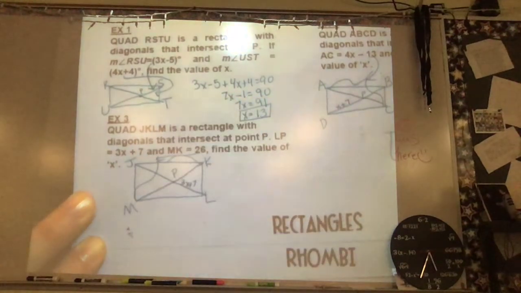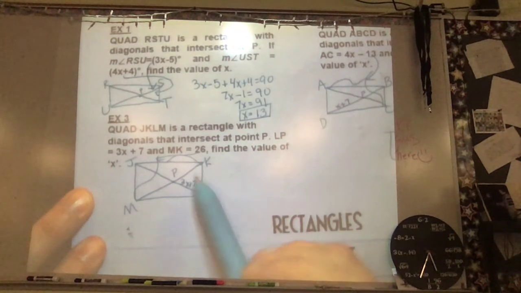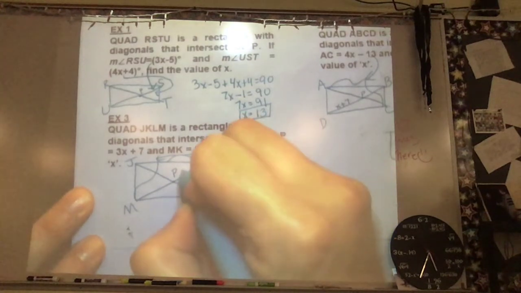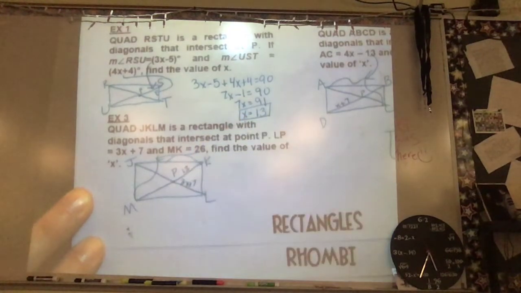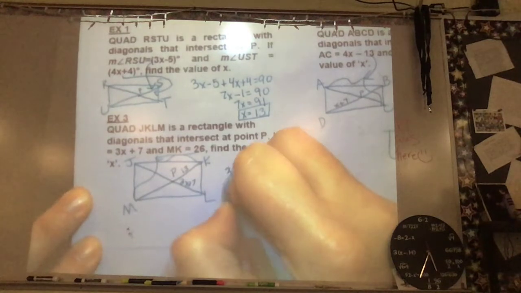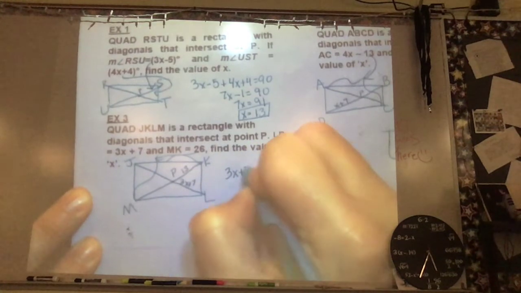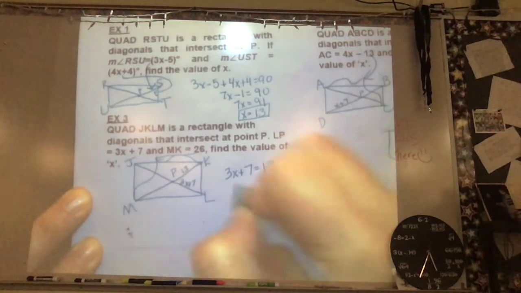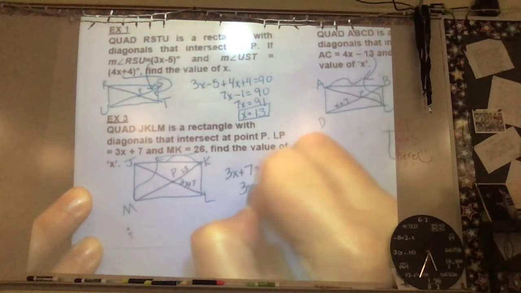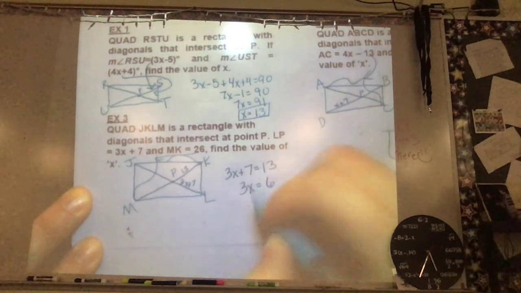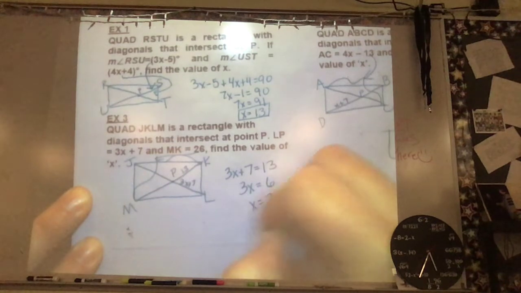Find the value of x. Okay, so again, you have 2 of the 3x plus 7s equaling 26, or you could say half of MK is 13. So you could just set 3x plus 7 equal to 13. That might be an easier way to go there. Either way would work though. So 3x plus 7 equals 13. I'm going to subtract 7 from each side, which is going to give me 3x equals 6. Dividing by 3 gives me that x equals 2.